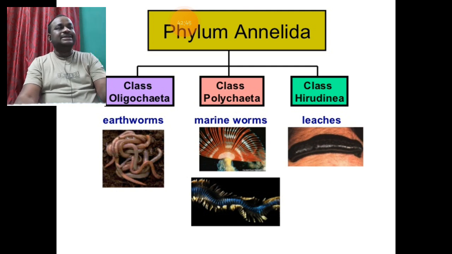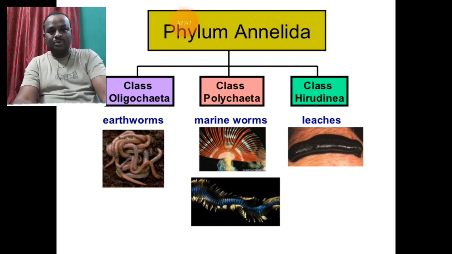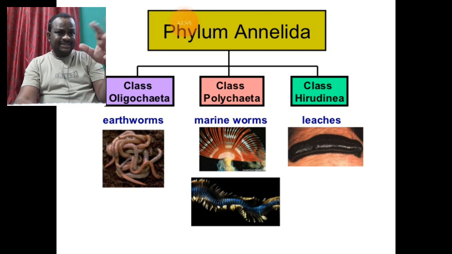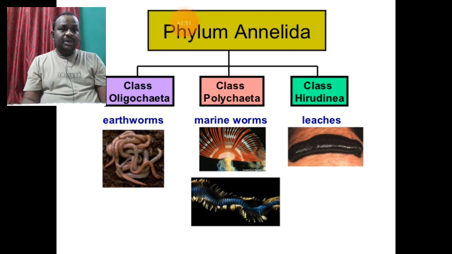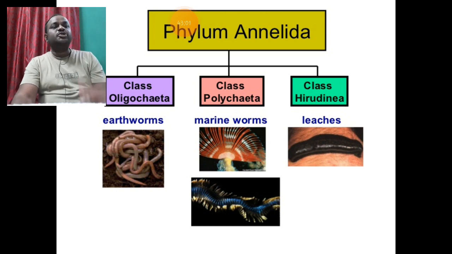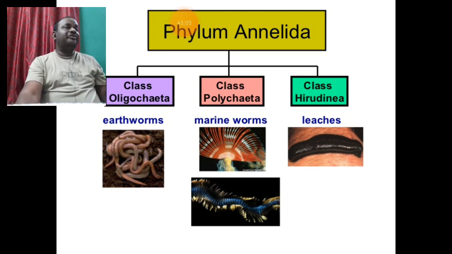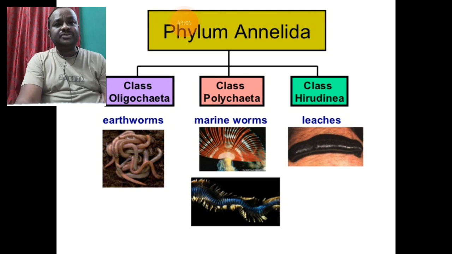The second class of annelids includes Polychaeta. Poly means many, chaetae refers to the structures of locomotion. So the locomotory structures are innumerable. Every body segment will have, towards its ventrolateral position, paired appendages called parapodia. So organisms that show many locomotory structures are referred to as polychaetes.